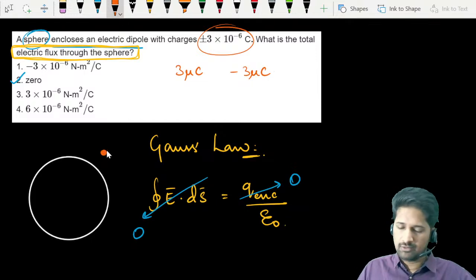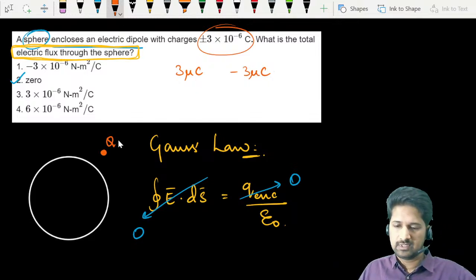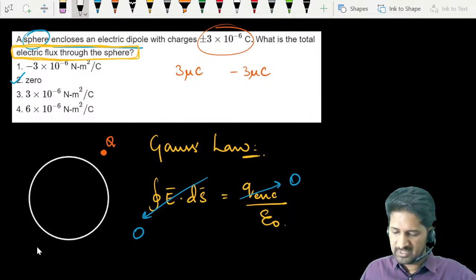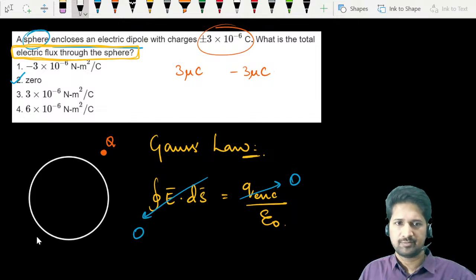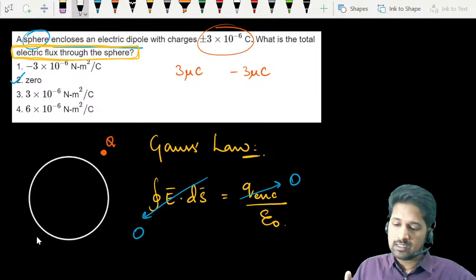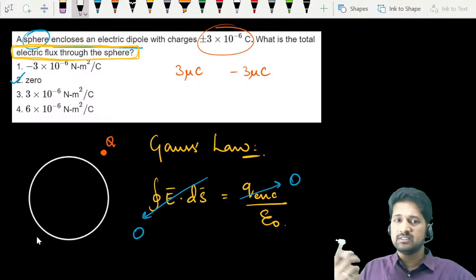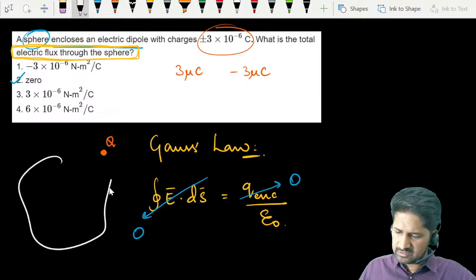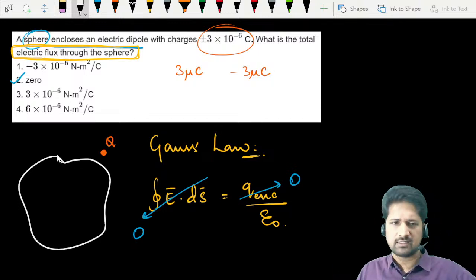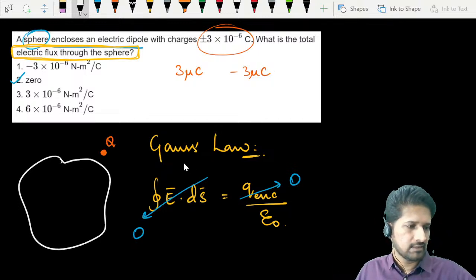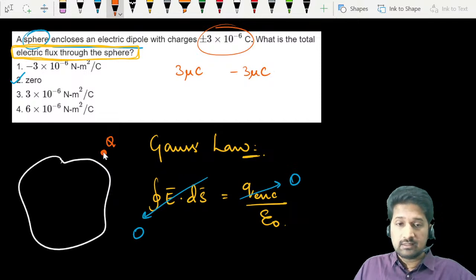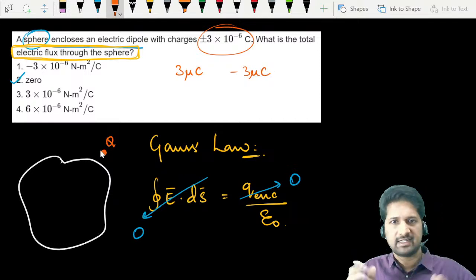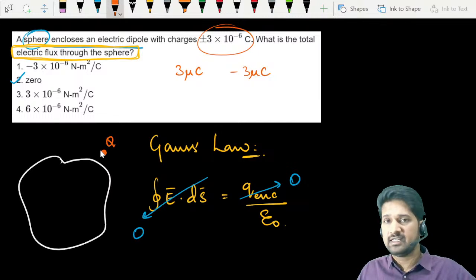Listen to this carefully, all of you. Suppose there is a charge Q outside this sphere. This sphere is a Gaussian surface, basically an imaginary surface. Actually, it need not be a sphere; it can be any shape. You can consider any random shape. The charge Q creates electric flux, meaning it creates field lines.